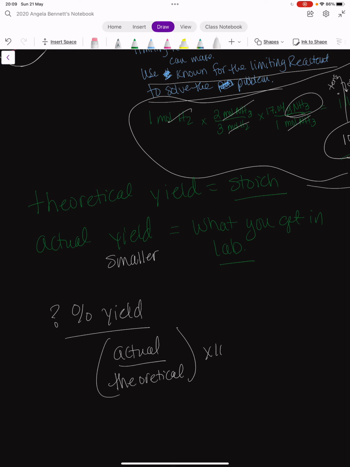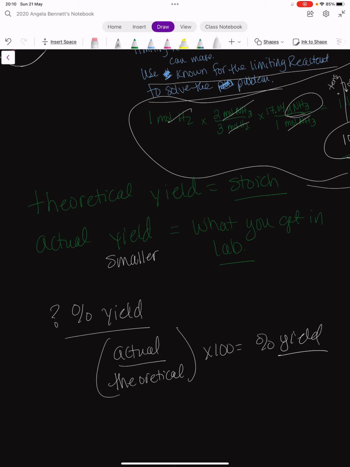Divide them and multiply by 100, and that's your percent yield. So they might say, we actually got this much ammonia when we did this experiment, and then you can calculate the percent yield just by plugging it into that formula.